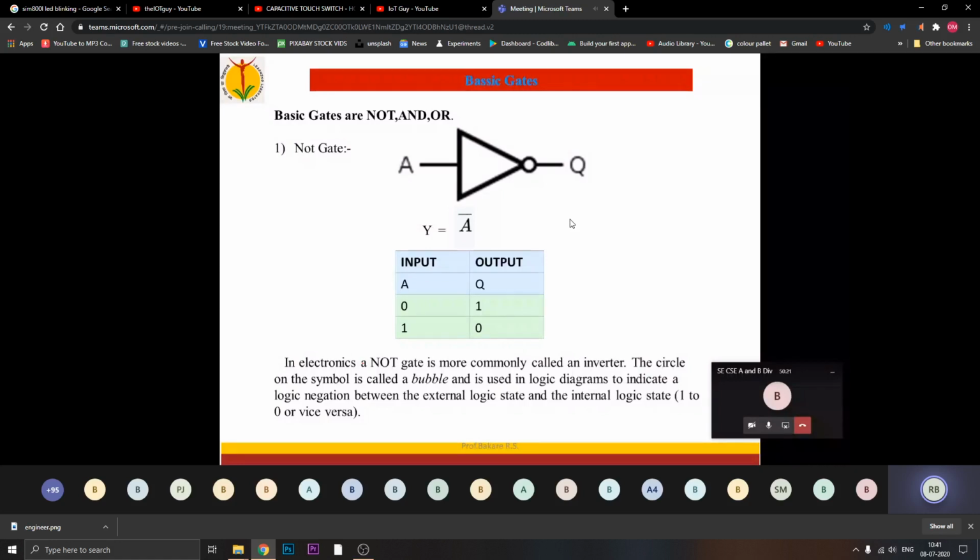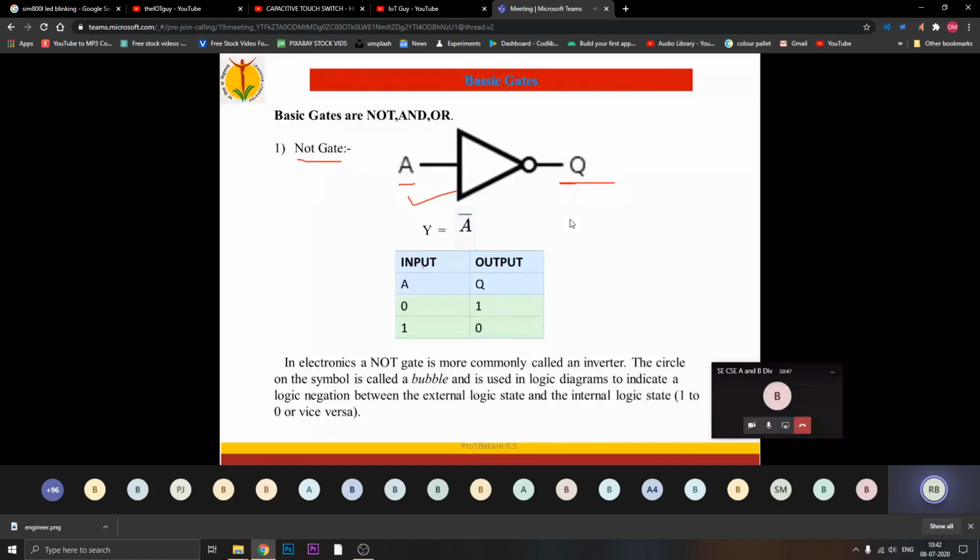The NOT gate has only one input and only one output. The symbol of the NOT gate is shown here. The logic equation or Boolean equation is y equal to a complement.